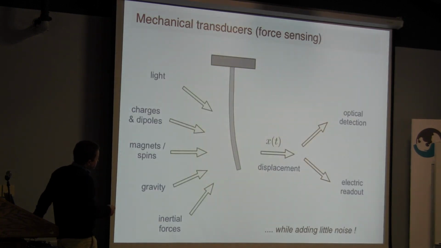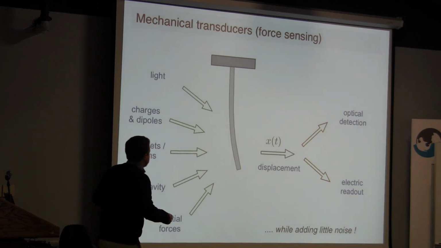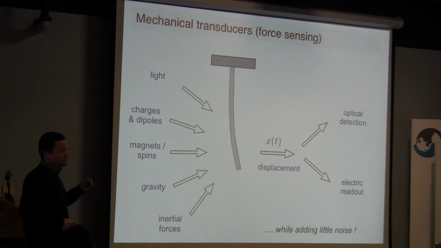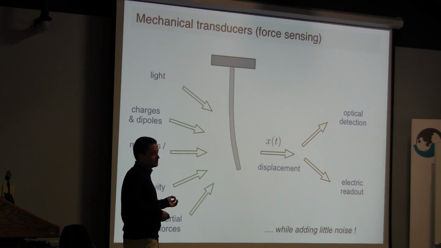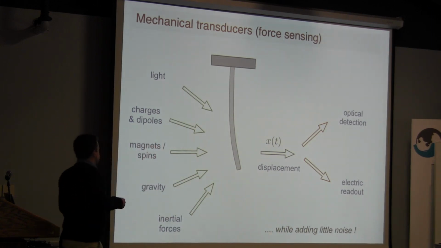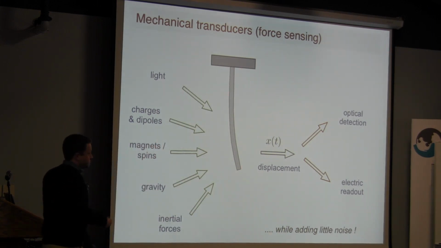But I think there's one thing that is equally important, and that is if you look back on why people in the first place built these resonators. And this has to do with sensing, or mainly with sensing applications. The basic principle is you have this nanomechanical system, and you can put a mirror on it, you can charge it up, you can put a magnet there, and because it has a large mass, it's affected by gravity.